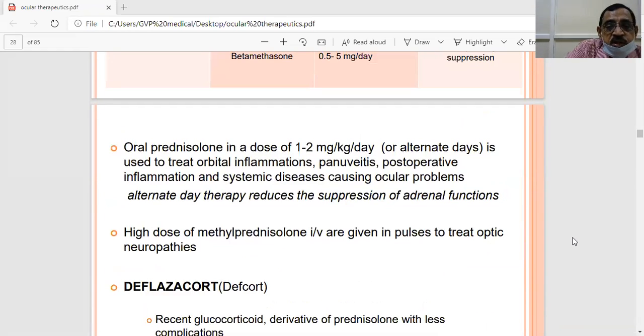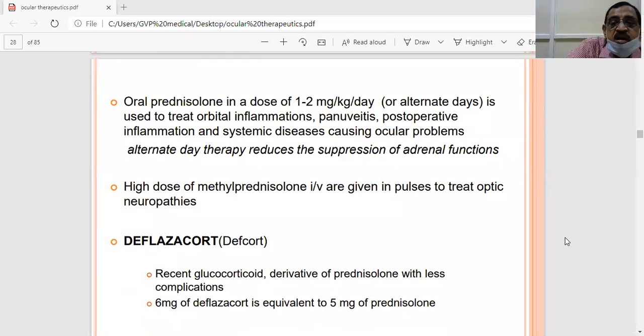Oral prednisolone in a dosage of 1 to 2 milligrams per kilogram per day, or on alternate days, is used to treat orbital inflammations such as orbital cellulitis, panophthalmitis, panuveitis, postoperative inflammations, and systemic diseases causing ocular problems. Alternate day therapy reduces the suppression of adrenal functions.